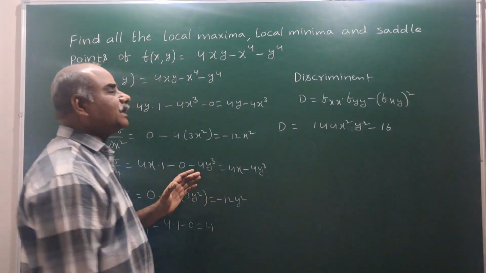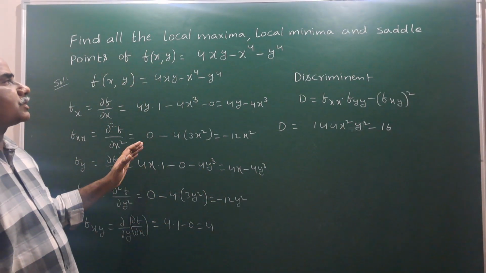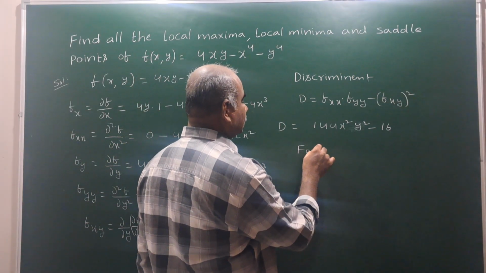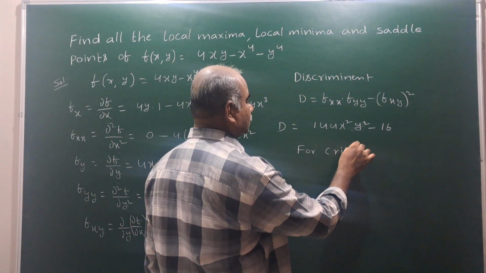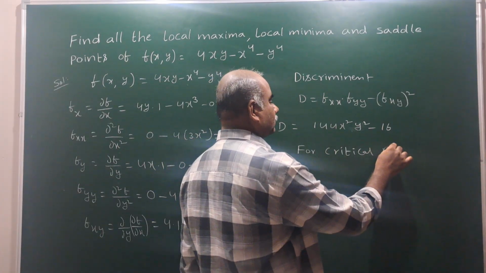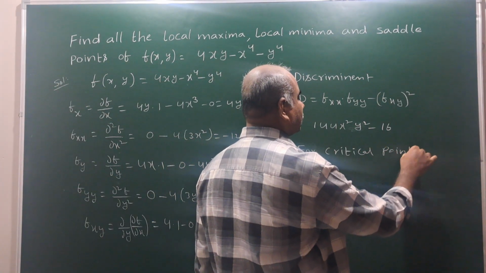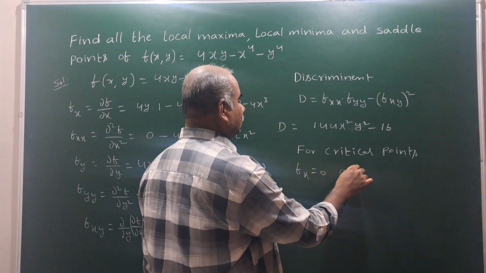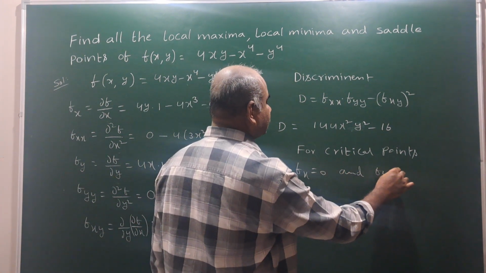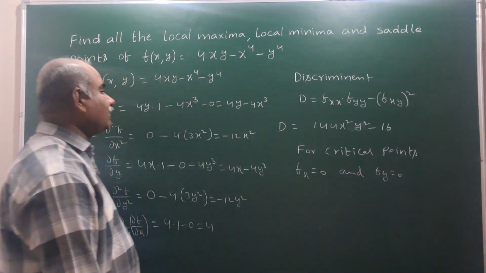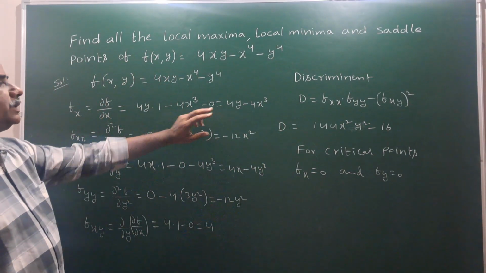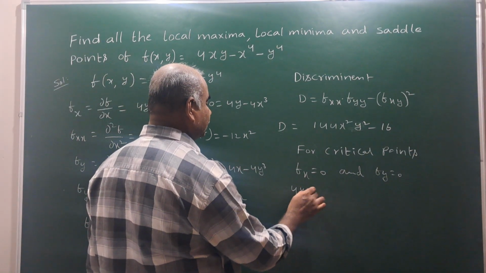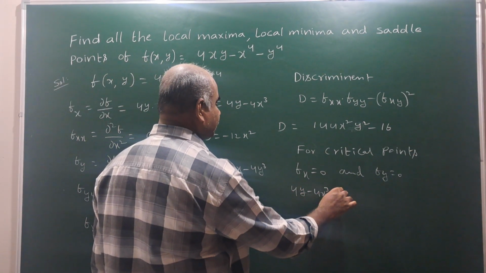Next we have to find the critical points for which the function is maxima or minima. So for critical points, we take fx is equal to 0 and fy is also taken as 0. So what is fx? fx means 4y minus 4x cube is equal to 0.